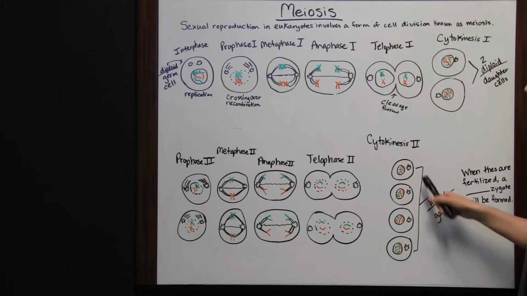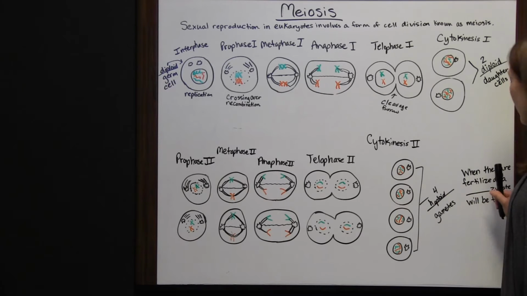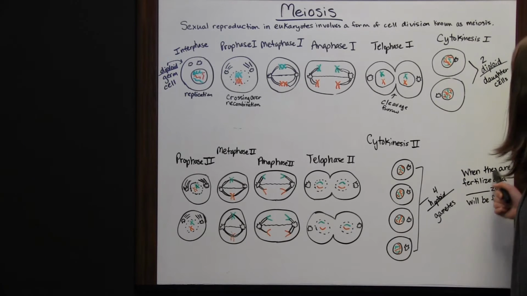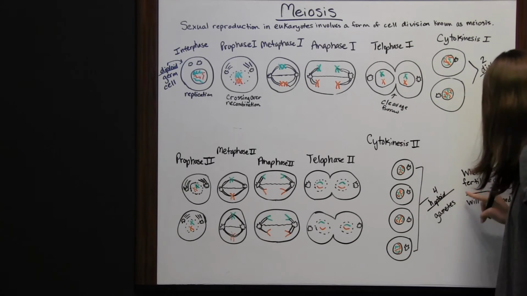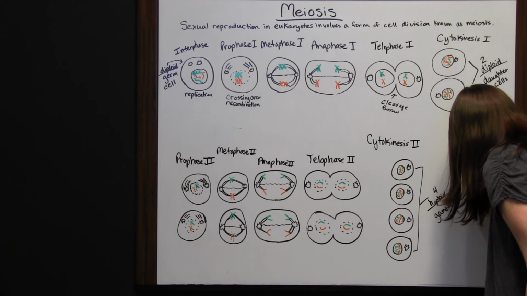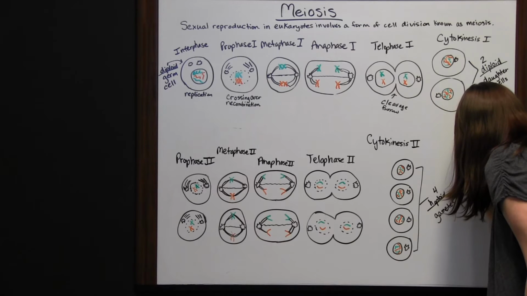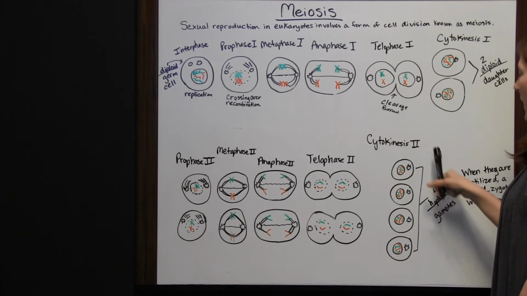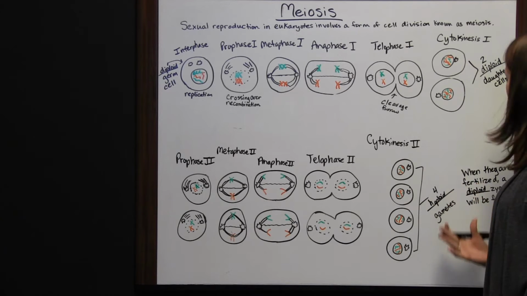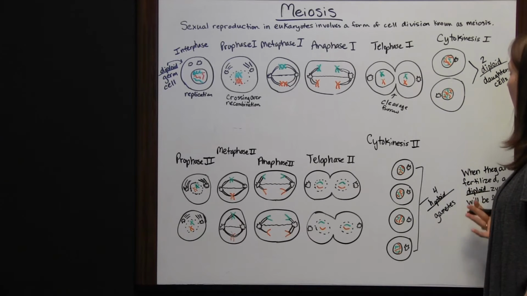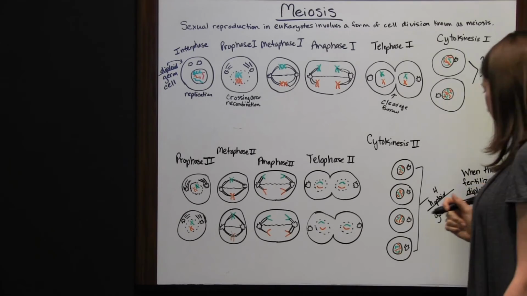So these gametes are ready to be fertilized, and when they are fertilized, a diploid zygote will be formed. If they are, then they can go on to create a new eukaryotic organism.